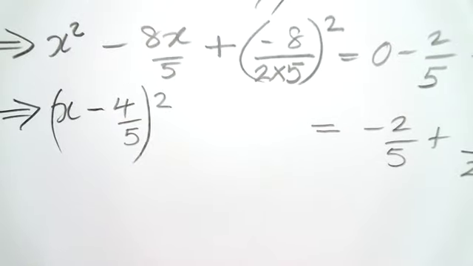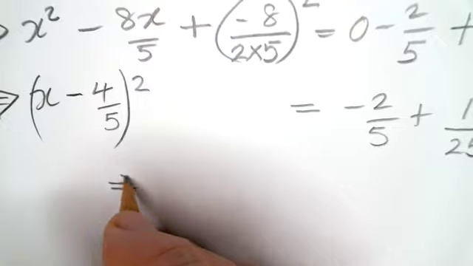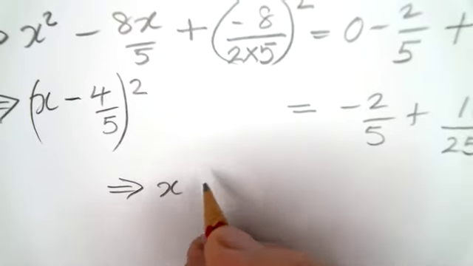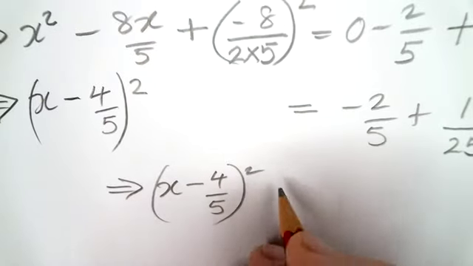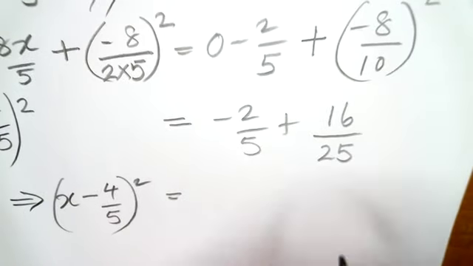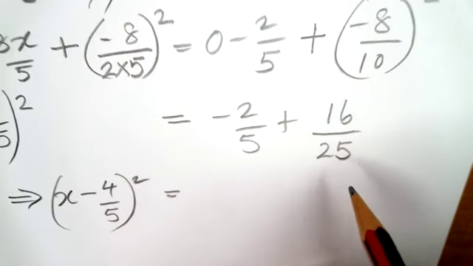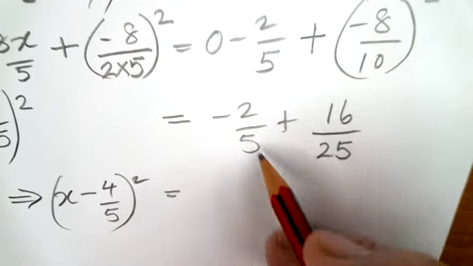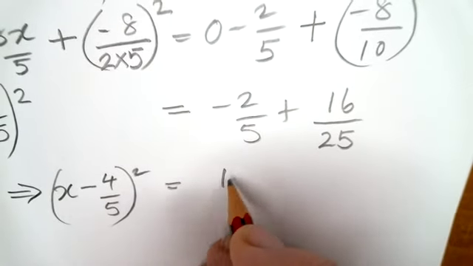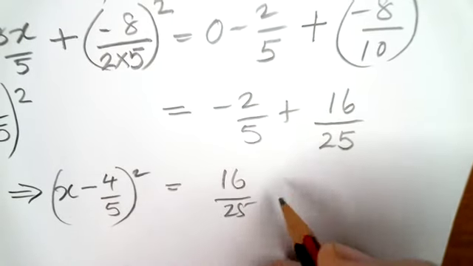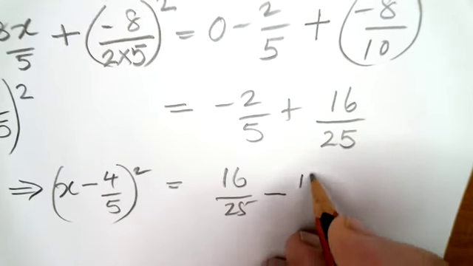Okay, so we can rewrite this now a little bit more neatly. That implies that I've got (x - 4/5) all squared is equal to, now let's add these two things together here. If I multiply both of these by 5, and I'll write them the other way around, this is going to be 16/25, and I'm going to subtract, well, if I multiply this by 5, I'm going to get minus 10.